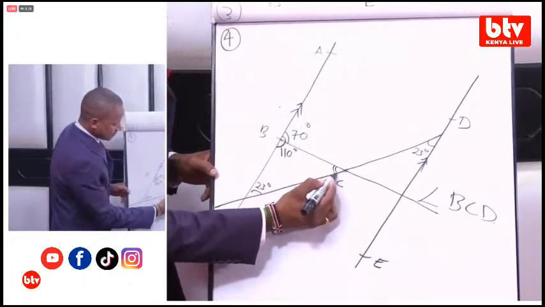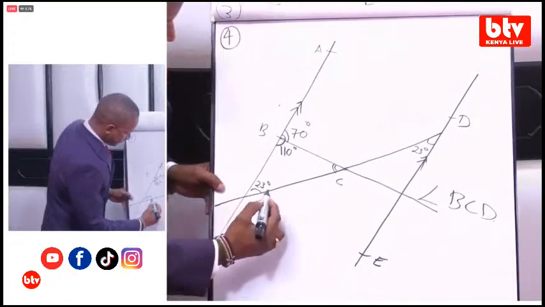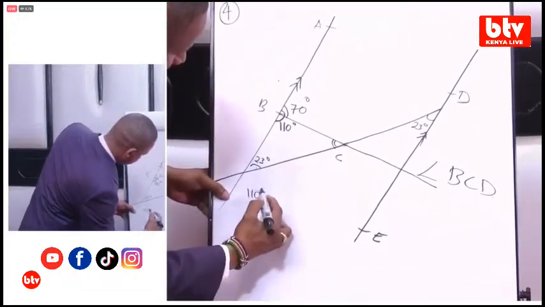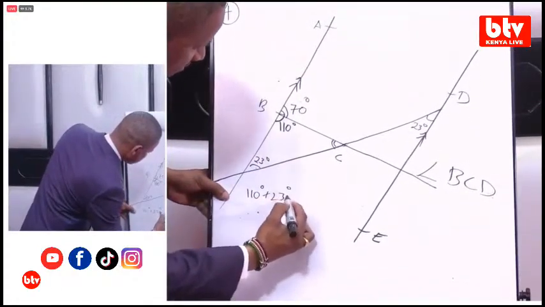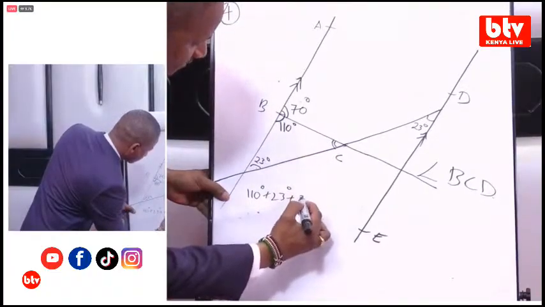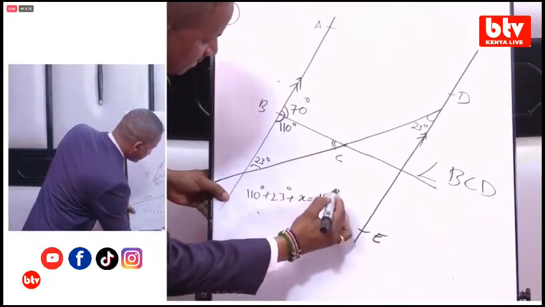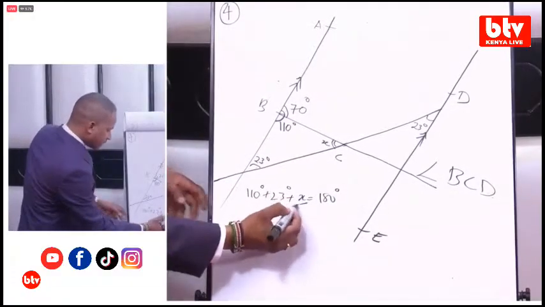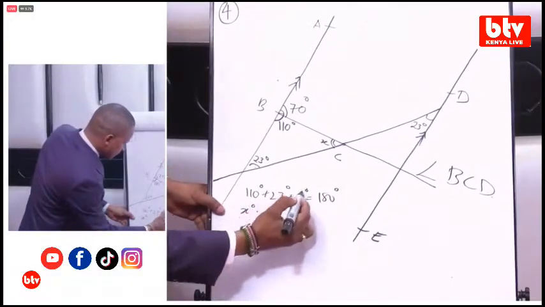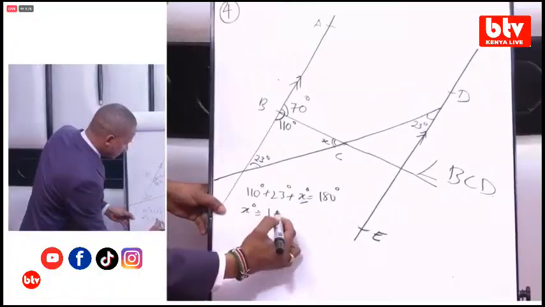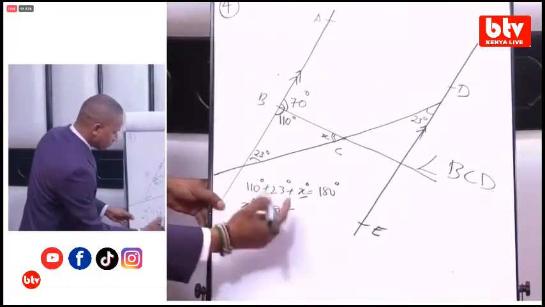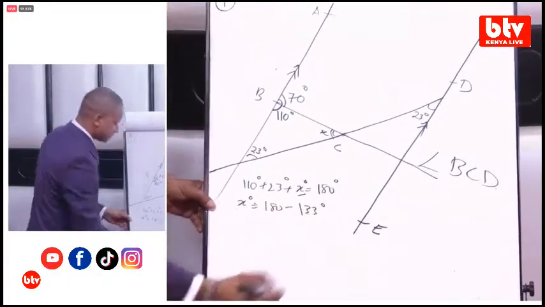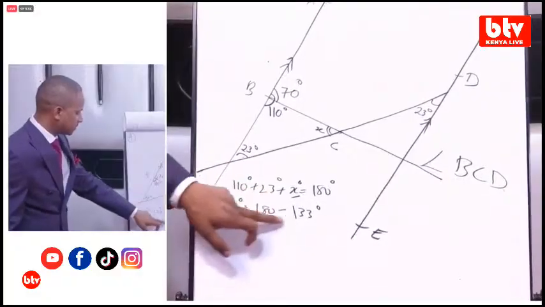Then angles in a triangle add up to 180 degrees. So 110 plus 23 degrees plus 23 degrees plus this angle X equals 180 degrees. We name it angle X. Therefore angle X equals 180 minus 133 degrees; 110 plus 23 is 133 degrees.